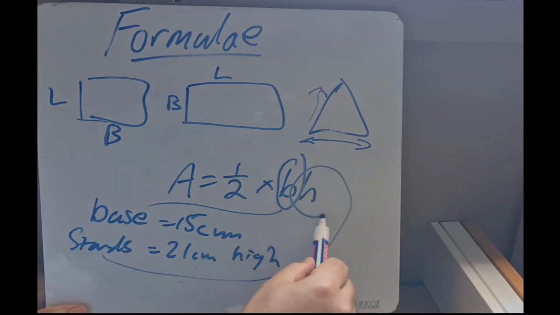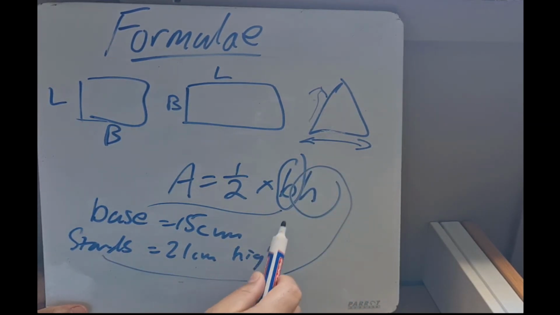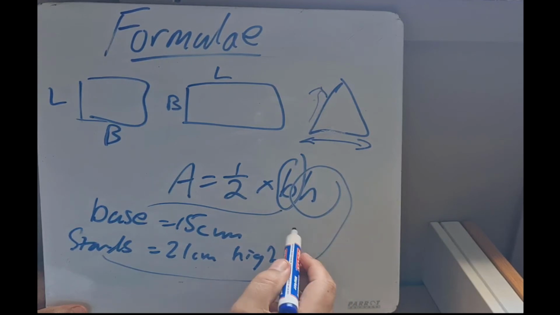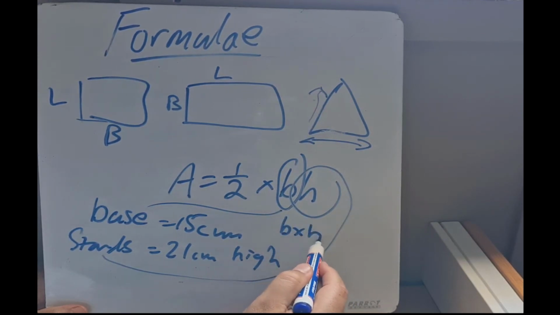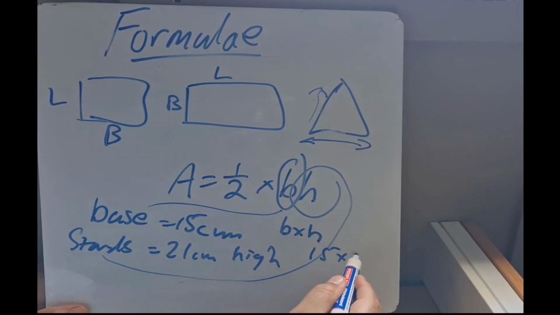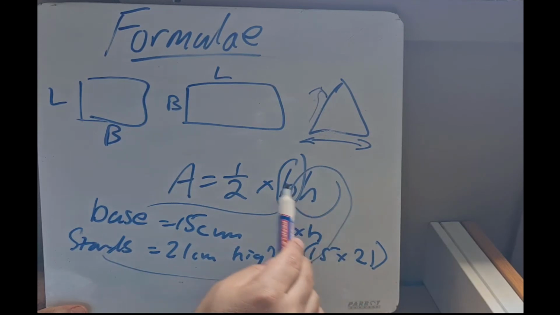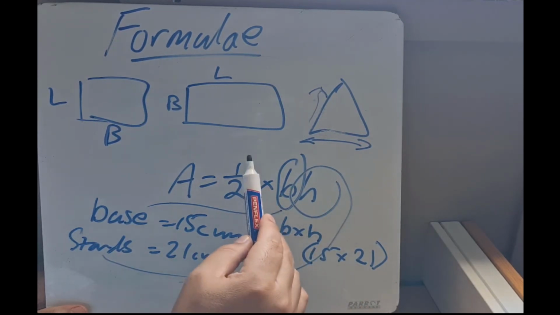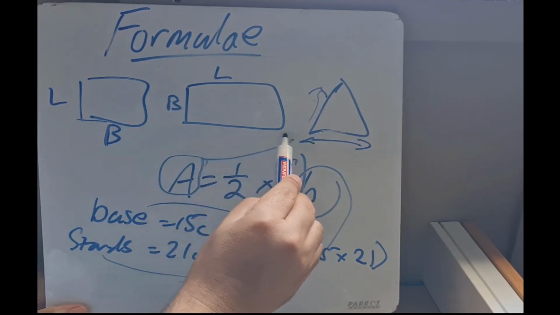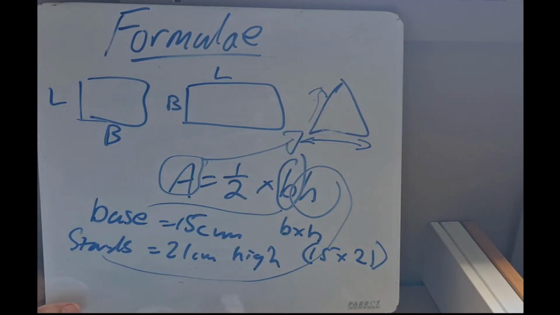Are they giving us the height? Yes, they are. So that BH is actually telling you it's B multiplied by H. So that would be 15 multiplied by 21. And whatever that answer is, we would multiply it by half in order to get the area of a triangle.